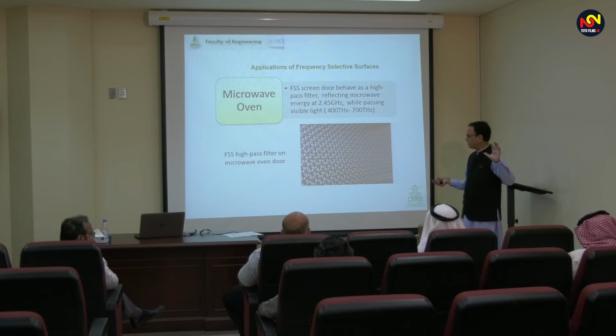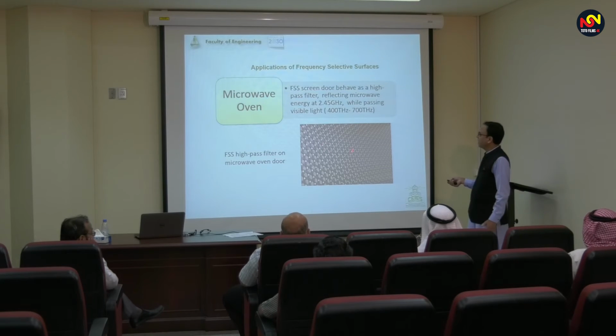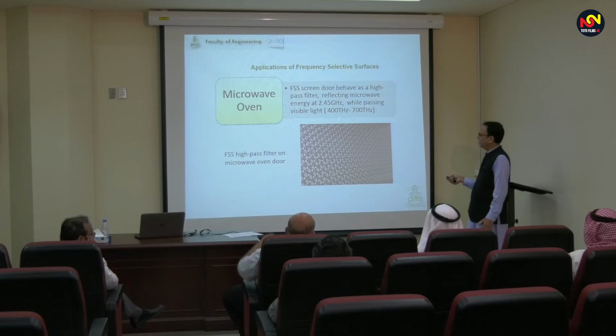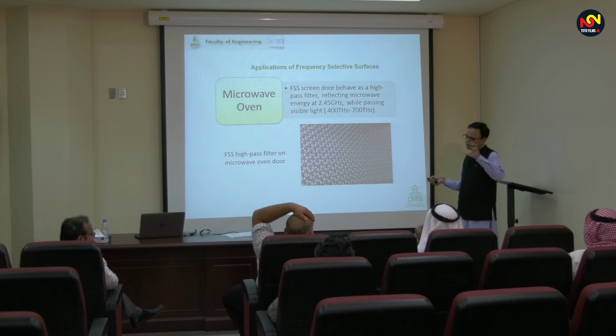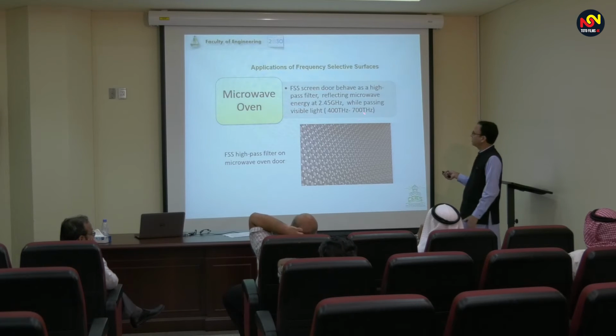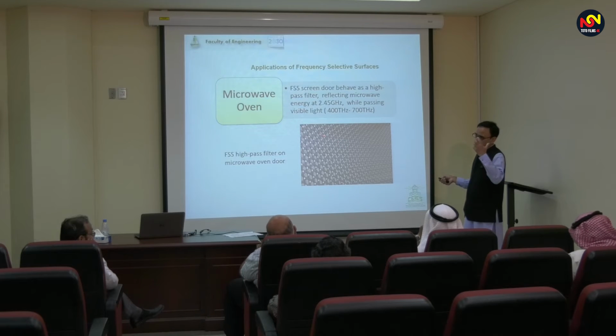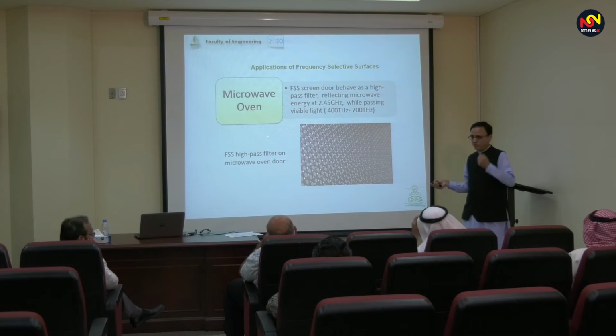So it is basically stopping this. So this is basically a high pass filter. High pass means that this will go until 2.45 gigahertz and then start passing. So before that it will block all the frequencies, but we can still see through because the terahertz frequencies are still passing. If this is not there, the electromagnetic waves at 2.45 gig will burn us.